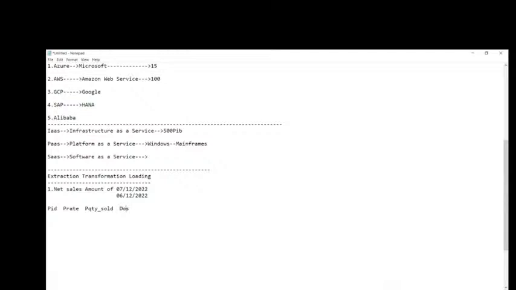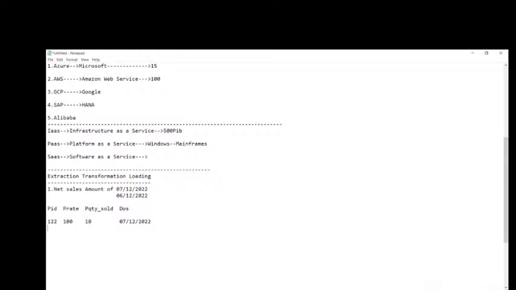Let us see what the data looks like. Product ID is 122, product rate is 100 rupees, product quantity sold is 10, and the date of sale is 07-12-2022. This is the first line.